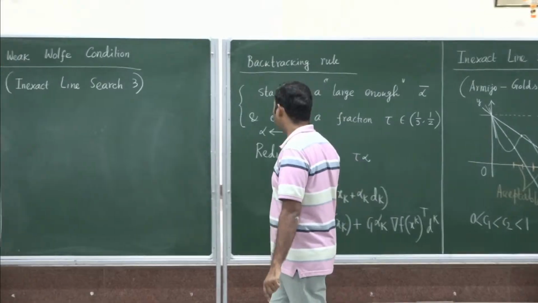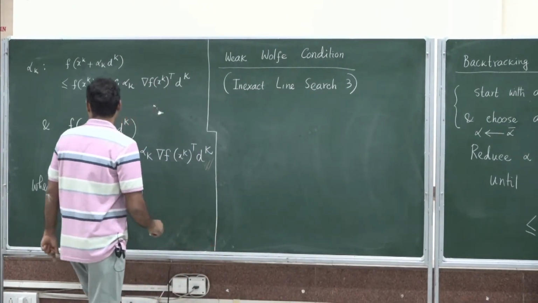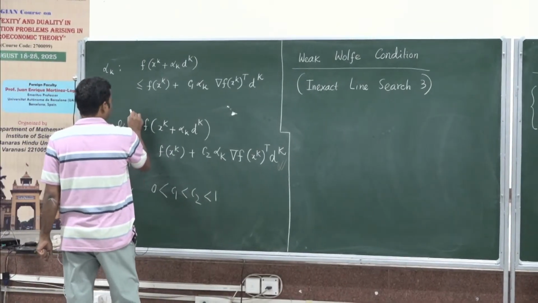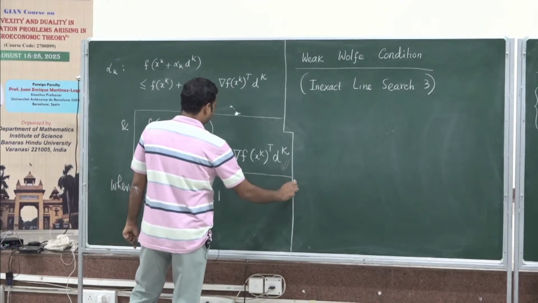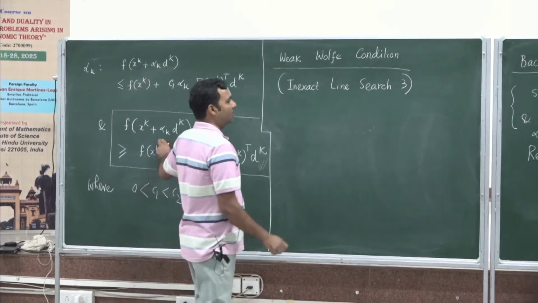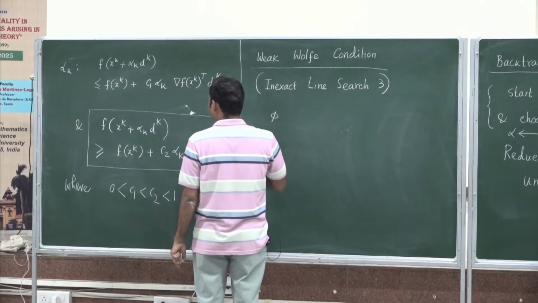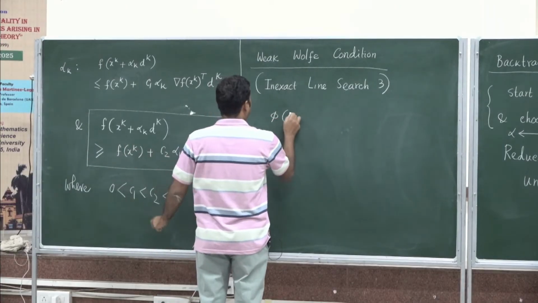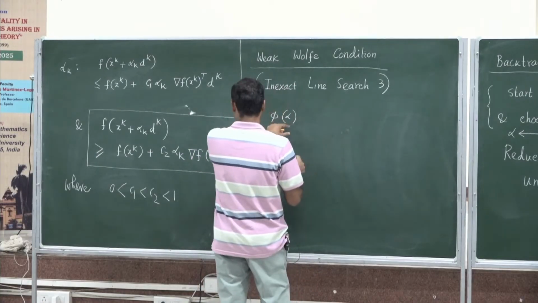Anyway, if I write in terms of alpha, then from the Goldstein rule we notice that this one in terms of phi alpha is this condition: phi of alpha k obviously here, but I am not writing the subscript k here.